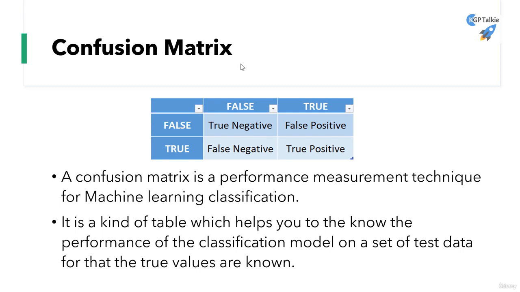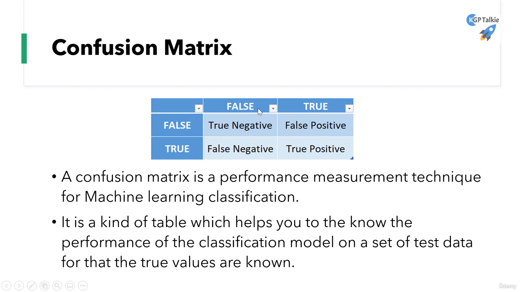A confusion matrix is a performance measurement technique for machine learning classification. It is a table which helps us know the performance of our classification model, and we can get the true negative, false positive, false negative, and true positive from it.